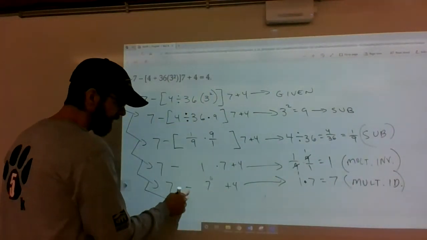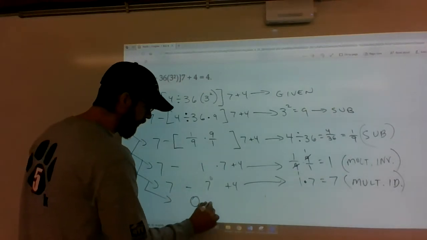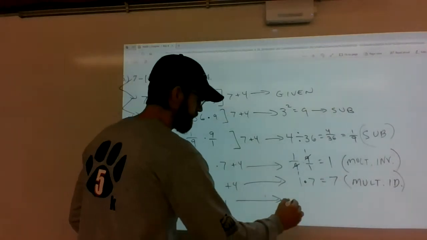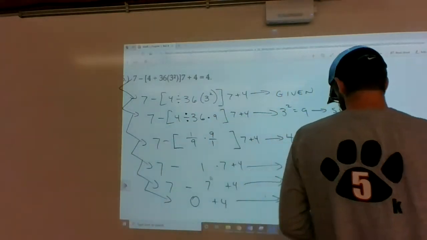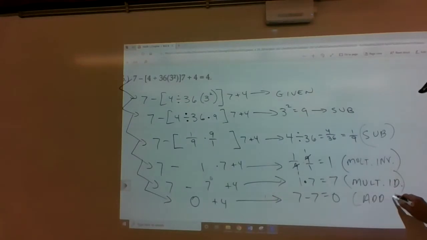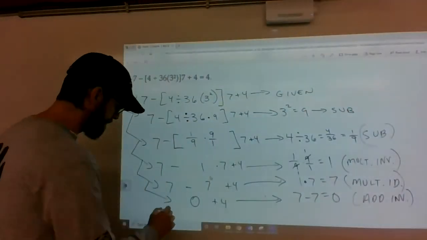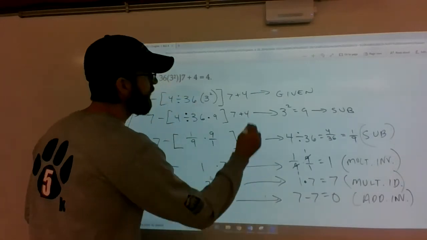And now we have add or subtract from left to right. 7 minus 7 is 0. That's the additive inverse. And then lastly, the 0 plus 4. It's 4.